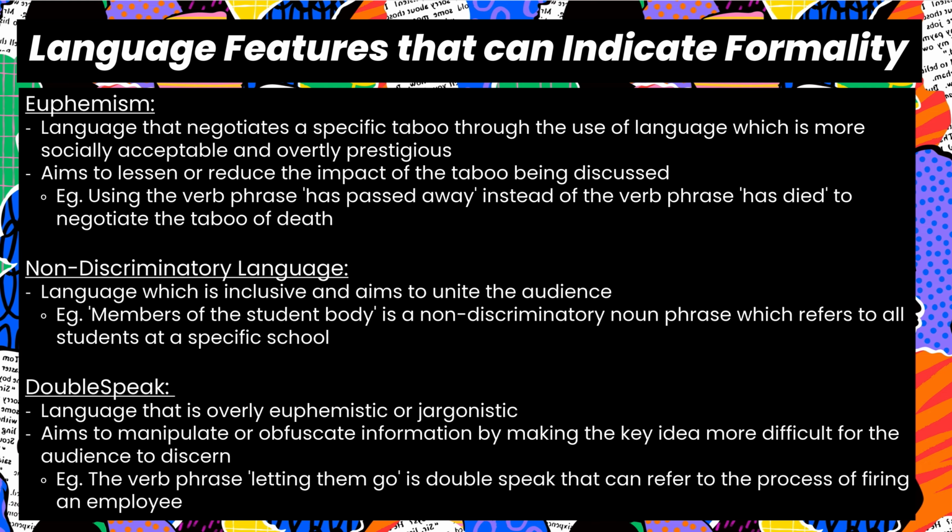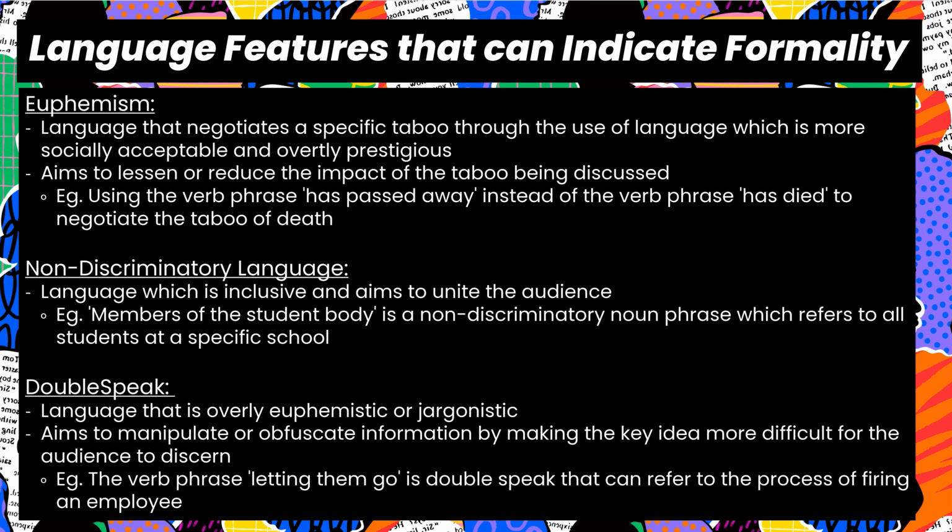If you notice an example of jargon, excellent. If you notice the two together, and they're being used in a way that requires that inference, that prior knowledge, that makes an idea a little bit more difficult for the audience to figure out because it requires that additional level of inference, it's probably also doublespeak. And so when we're analysing doublespeak, it's important to acknowledge the role that euphemism and jargon can play in creating this doublespeak.